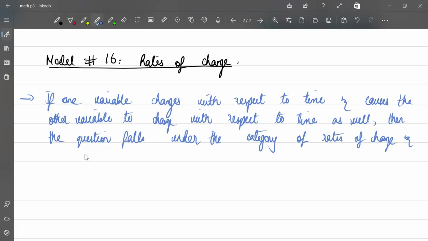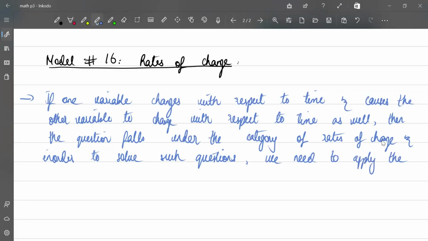And in order to solve such questions, we need to apply the chain rule.